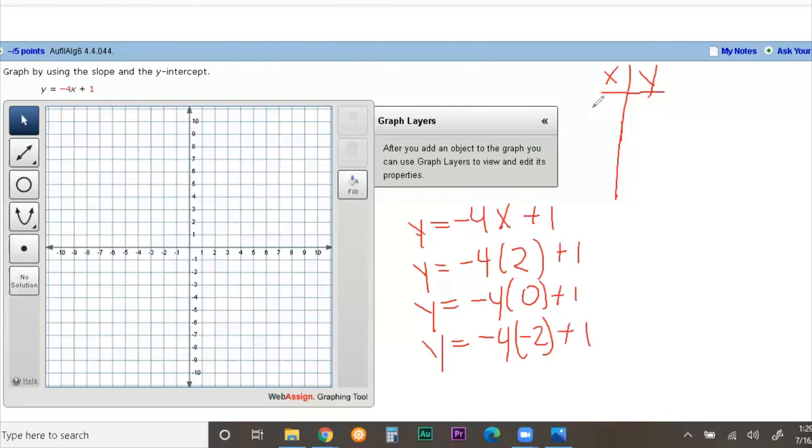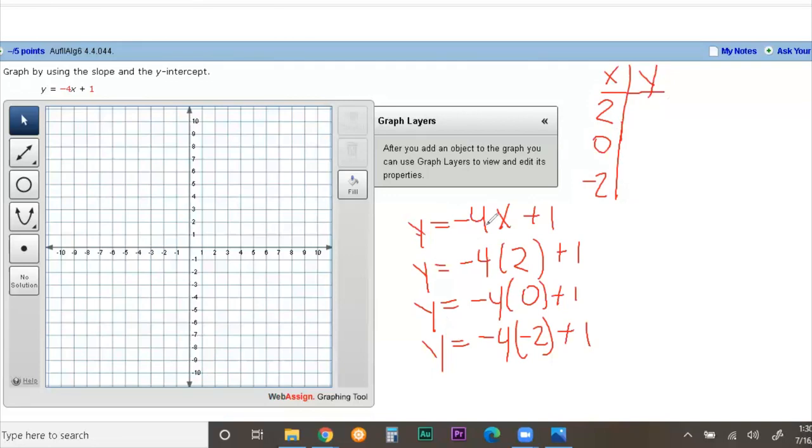Because we're plugging in 2, 0, and -2 for the x's, those are the first coordinates. We have to figure out what the y's are, and that will be the second coordinate.